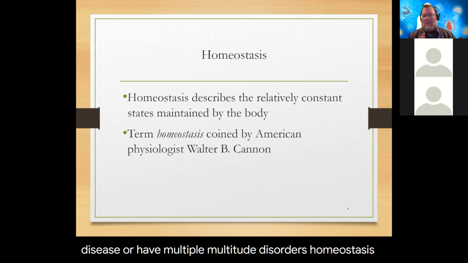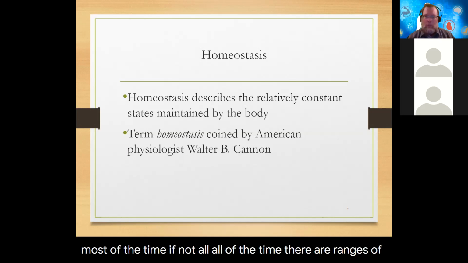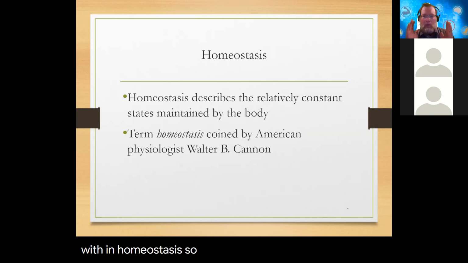Homeostasis is the opposite of that. Homeostasis is where we should be most of the time, if not all of the time. There are ranges within homeostasis. So we generally think of homeostasis simply as your body's ability to maintain balance.